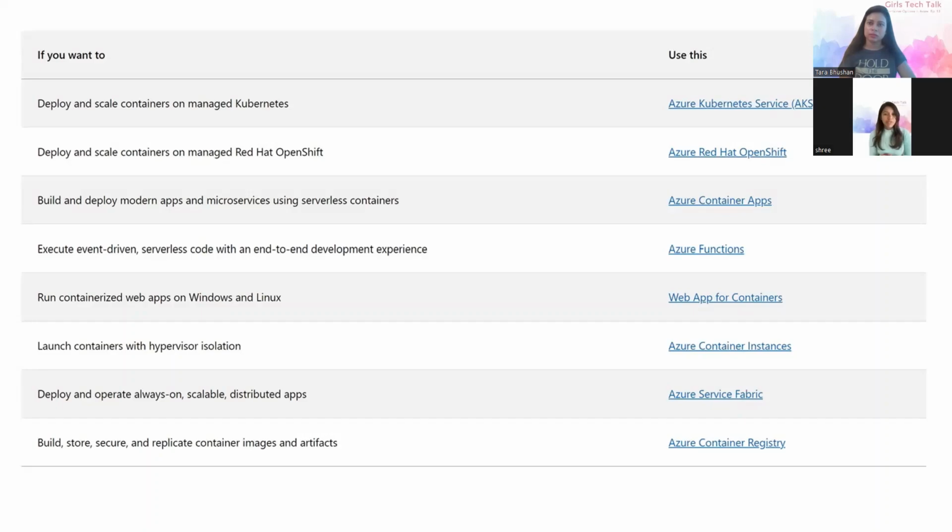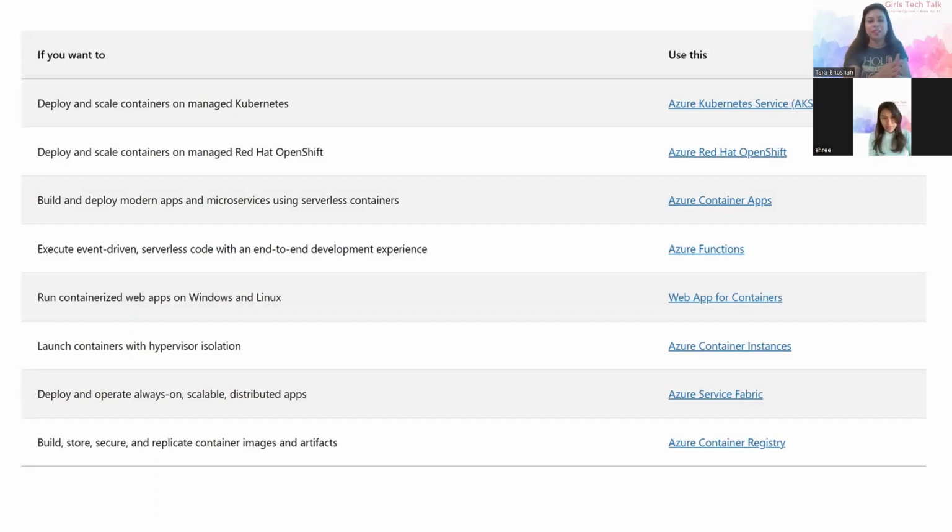However, the Xbox gaming system runs on Azure Kubernetes Service, which they use to run their infrastructure. So let's hear from Tara about the differences between these three services.